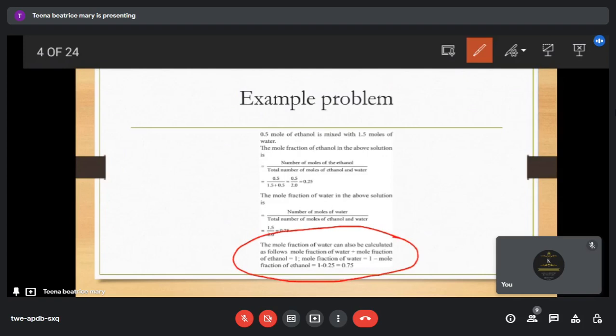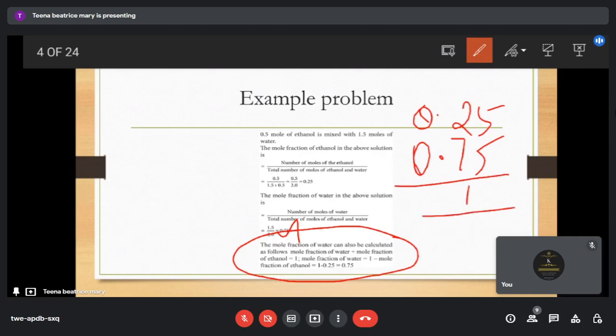You can calculate the mole fraction this way, or else there is a simple method which is also easy. How do we find the mole fraction of water? It is the remaining part leaving ethanol. So the mole fraction of water plus the mole fraction of ethanol is 1, that is 0.25 plus 0.75. If you add both, as we already saw, we get 1 in mole fraction.